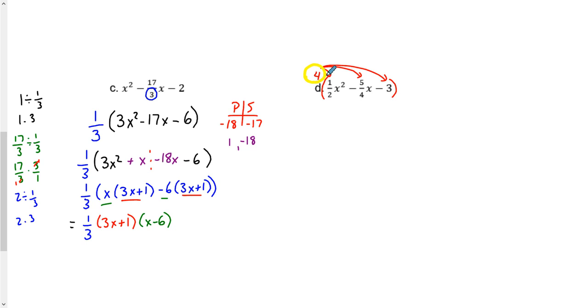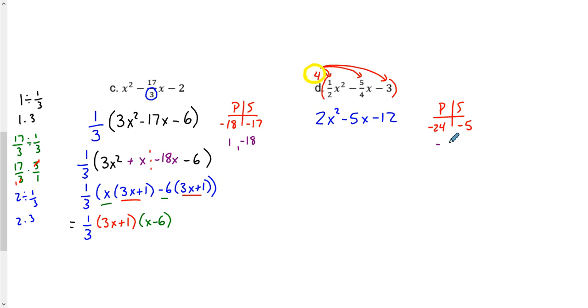Alrighty. 4 multiplied by a half is 2. 4 multiplied by a -5/4 is a -5. And 4 by a -3 is a -12. Our product and sum would become a -24 and -5.